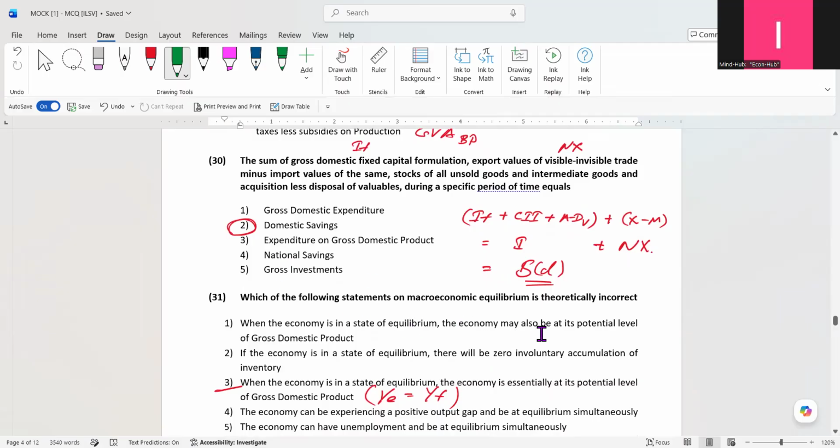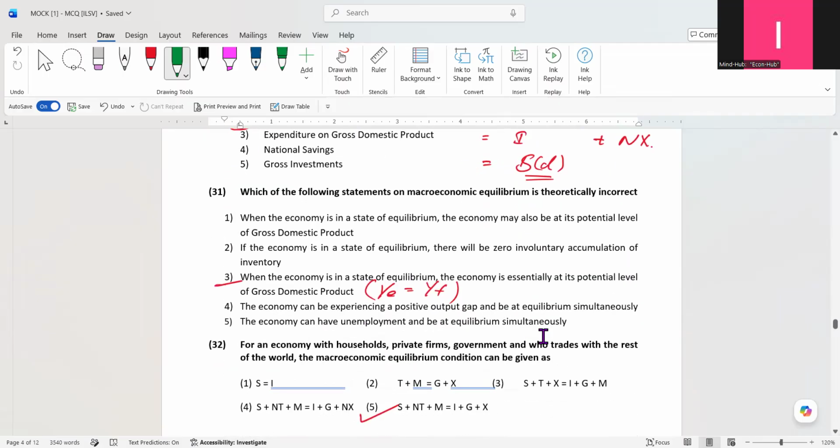31. Which of the following statements on macroeconomic equilibrium is theoretically incorrect? Number 3: when the economy is in a state of equilibrium, the economy is essentially at its potential level of gross domestic product.